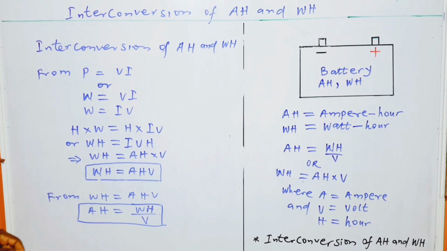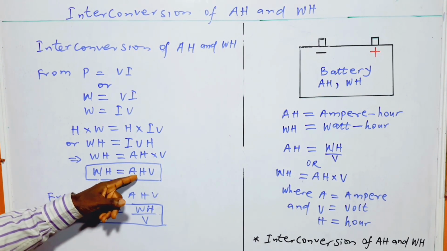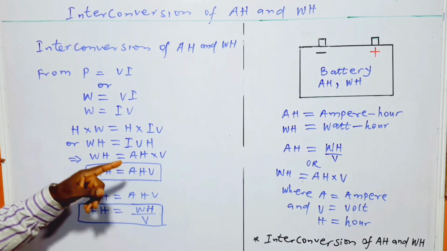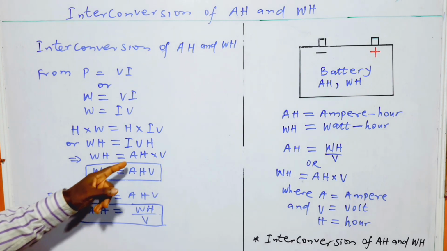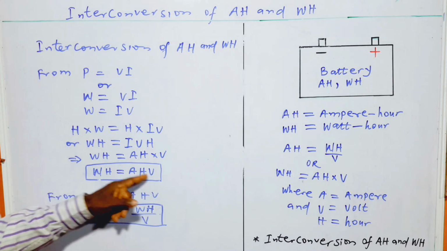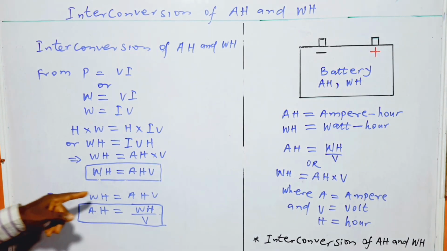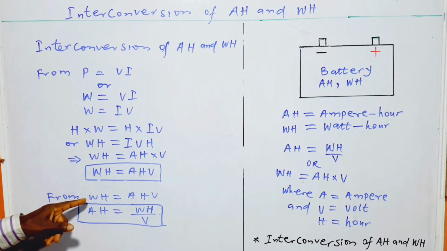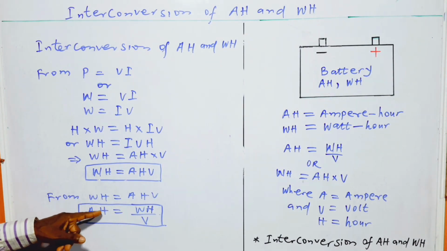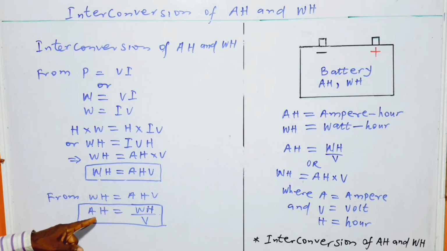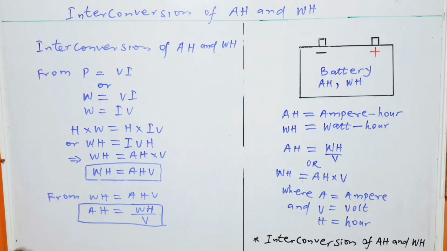So anytime you are given a battery rating in Ampere-hour, provided that you know the voltage, just multiply the Ampere-hour by the voltage, and you get the rating in Watt-hour. And from here, you can make Ampere-hour the subject of the formula, and you will get Ampere-hour is equal to Watt-hour divided by voltage.